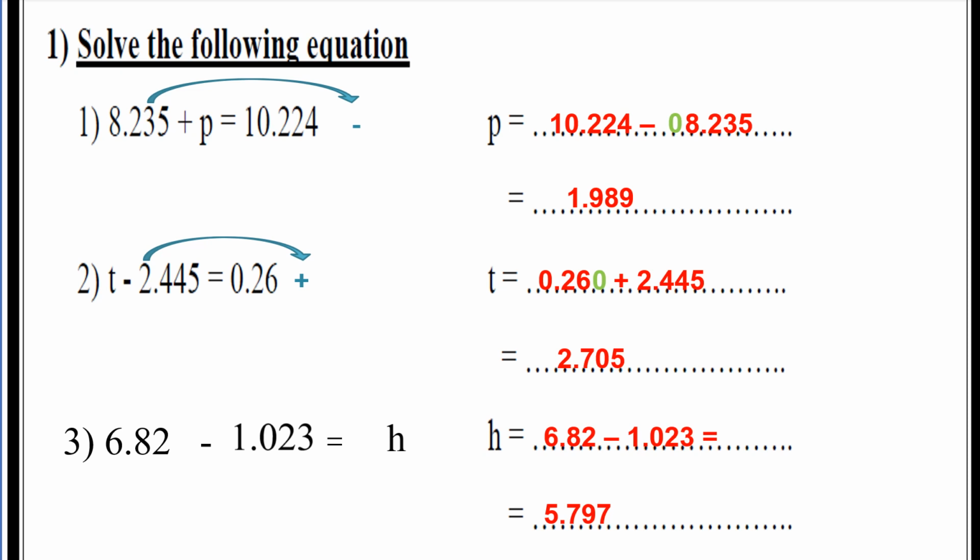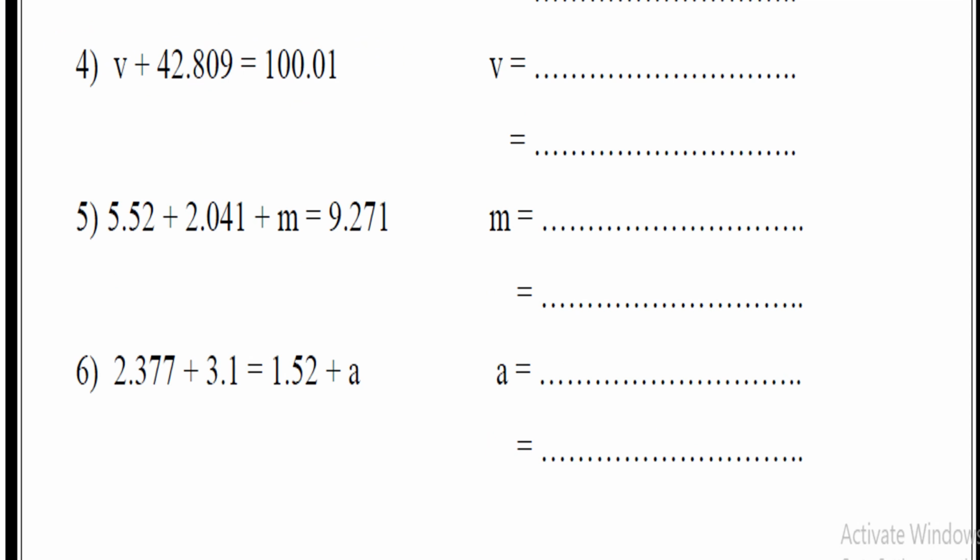And now in letter number 4, v plus 42.809 equals 100.01. Here, as we said before, we need the variable alone and all the numbers on the other side. So I will take 42.809 to the other side using the inverse operation.